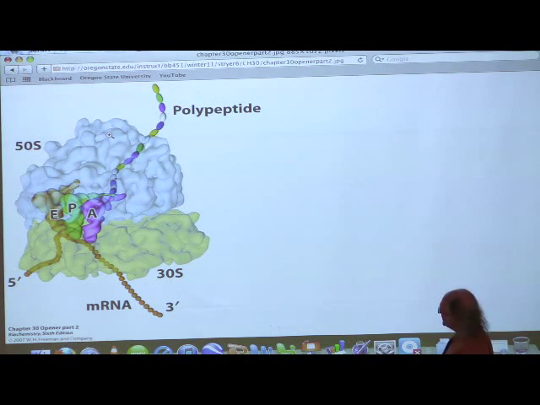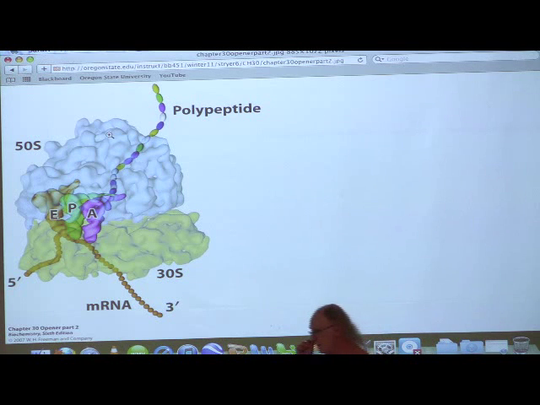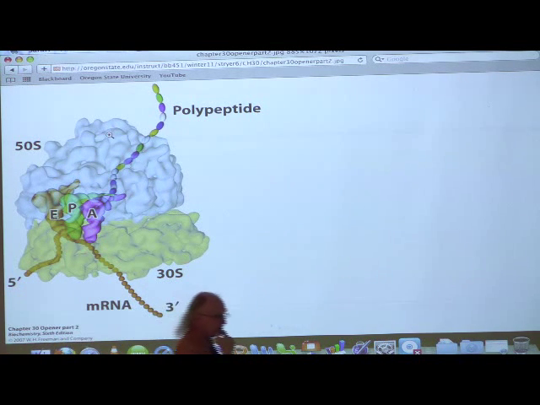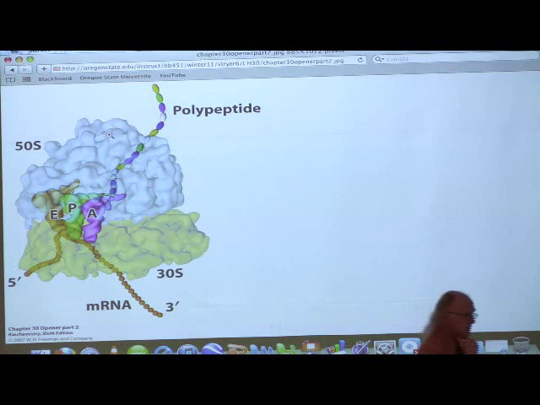This guy comes snaking out of a hole at the top of the large subunit. The large subunit has a name. In prokaryotes, it's called the 50S subunit. The S refers to size. The small subunit has a name, and in prokaryotes, it's called the 30S. 30S and 50S.